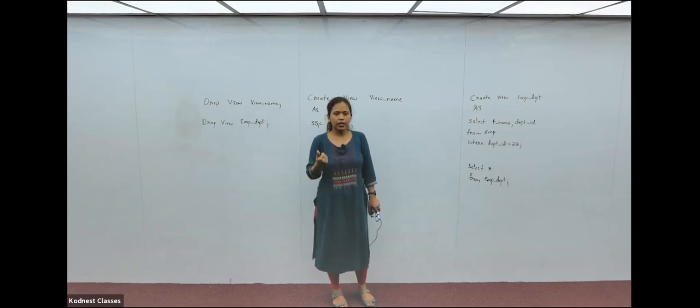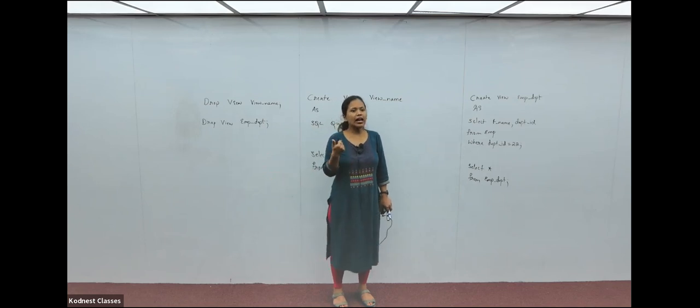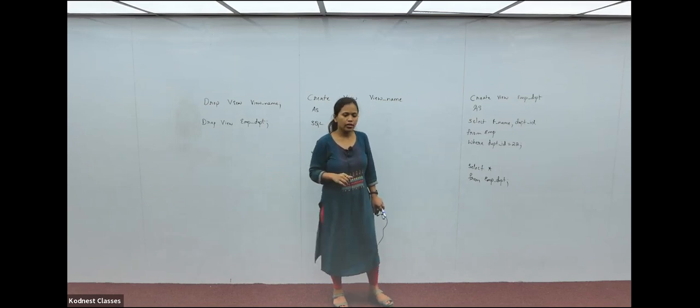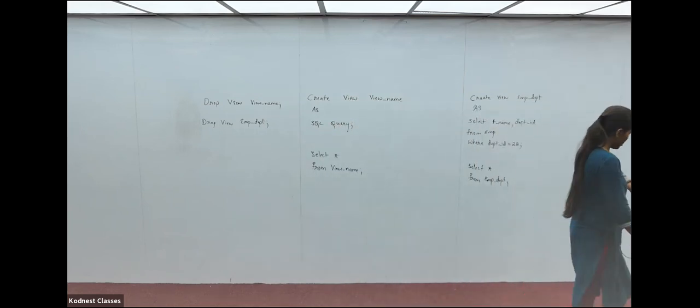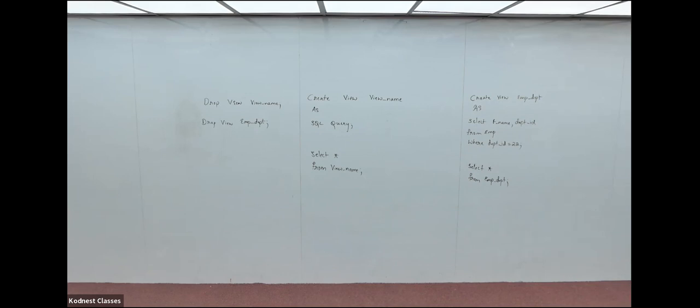These are the observations you have to make and tell me in the next class. Is this clear to everyone? Yes? Okay. So now take down views. Take down views.